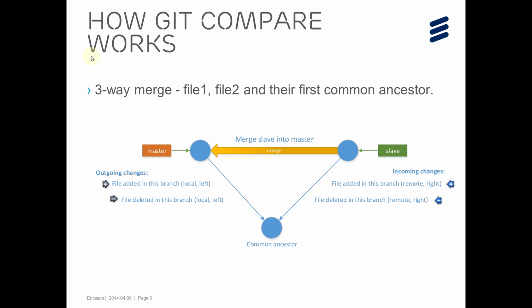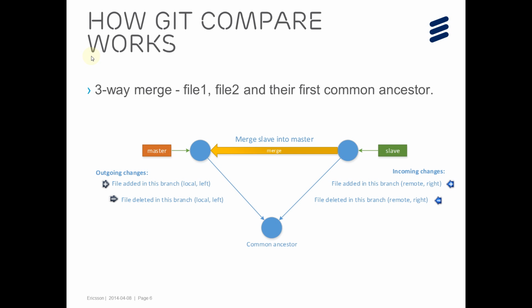Outgoing changes is something that's been done in the master, so in our local or left side, in this case it's a master, and that the slave or remote is not aware of. For example, if we added a class in the master that the slave is not aware of, it's going to be represented as outgoing changes in the process when we merge slave into master.